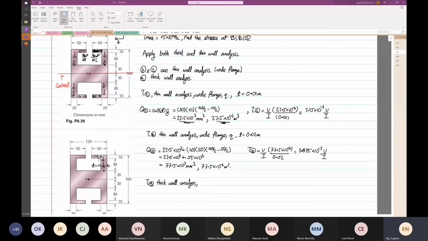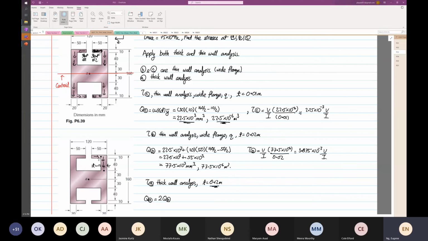Now the thickness is equal to 0.12 meters. It is so big now. But also you have to consider we have more first moment of area. You have much more first moment of area. So Q at point A is going to be twice the first moment of area of B. Yes or no? So you have to consider both the left-hand side and the right-hand side now.